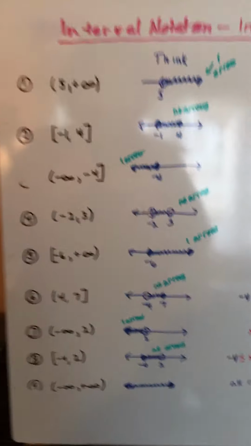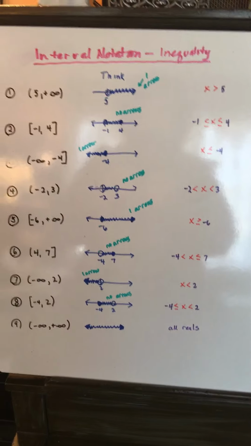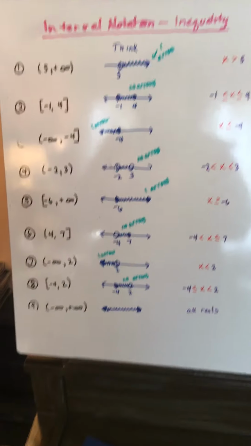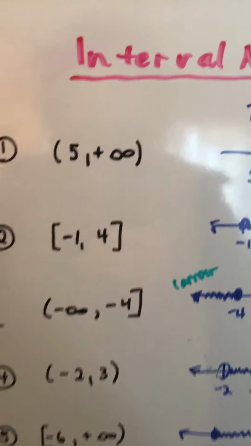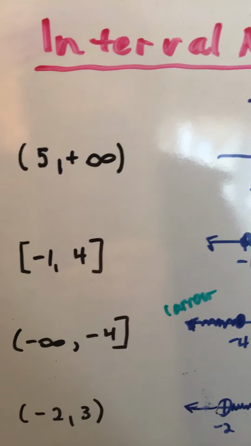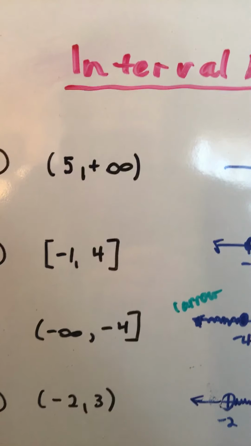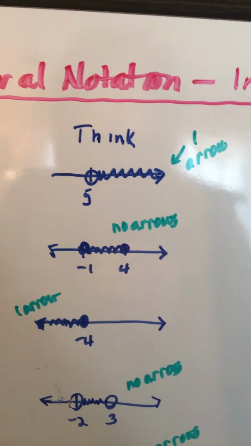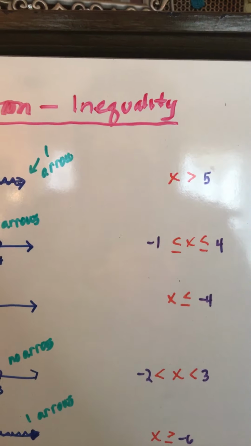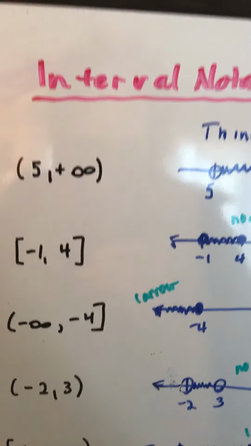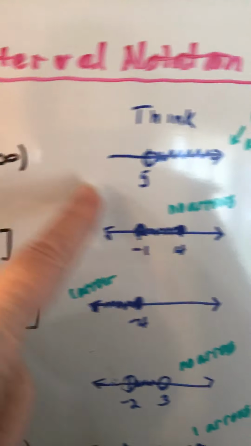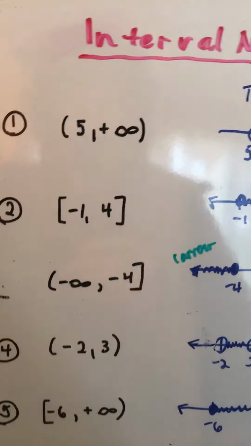So now what happens when I want to go from interval notation to inequality notation? Well, I see 5, and then I want to go to positive infinity. Mentally, that means 5 goes all the way to the right, so that's just x is greater than. Notice this says you have to go greater, so x is greater, and all I needed to know was the number.